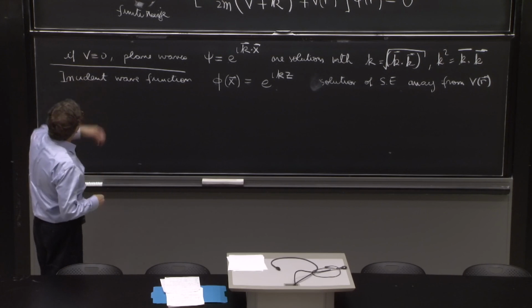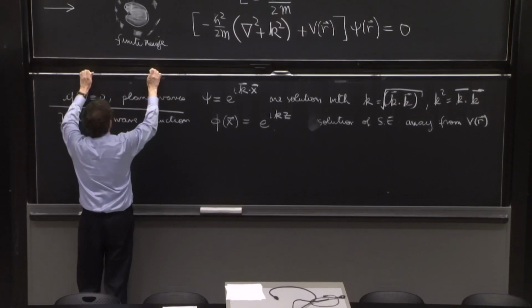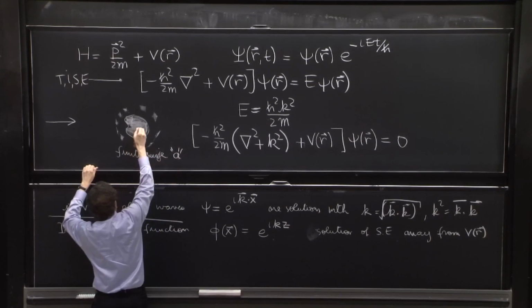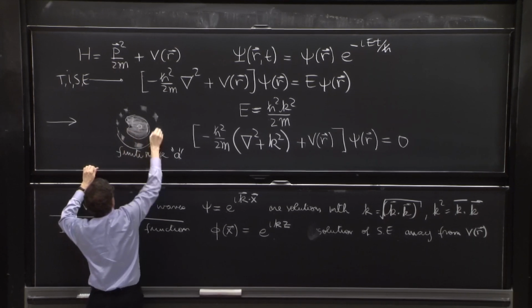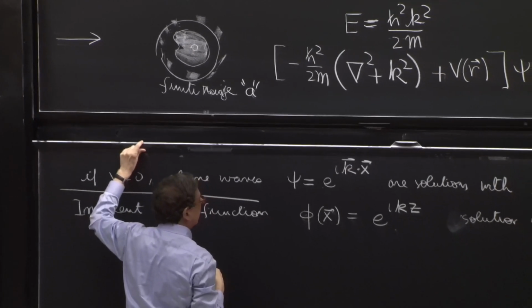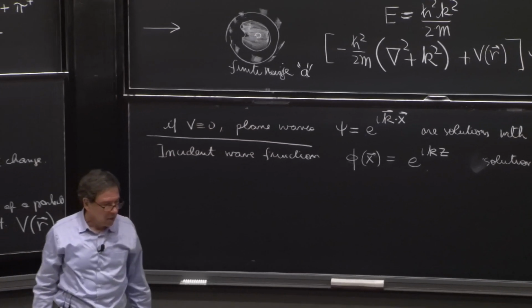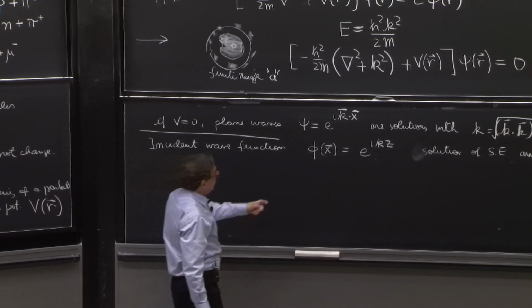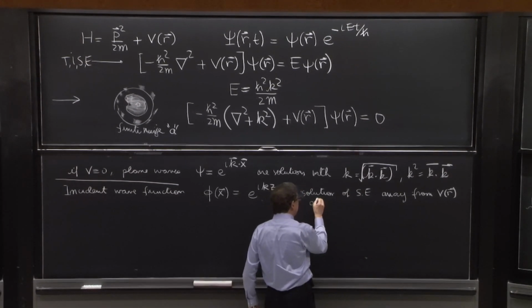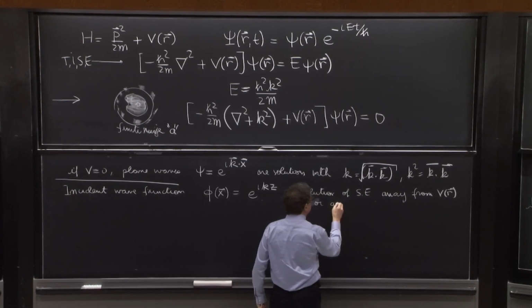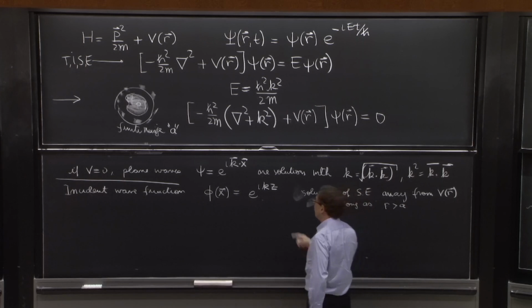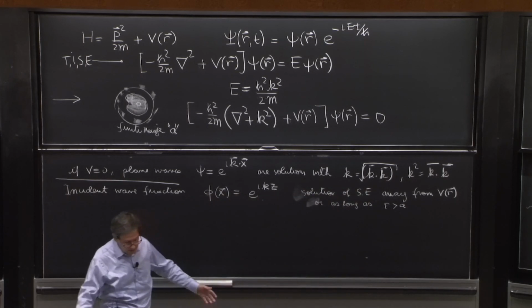Nevertheless, let's call the range of the potential, finite range, a. That is to say, if there's an origin here, up to a radius a there is some potential, and beyond the radius a, the potential vanishes. So this definitely works as long as r is greater than a, for whatever value of z you take. This is fine.